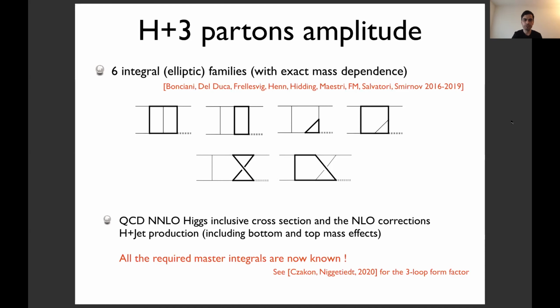All right, so as I mentioned before, this approach is not limited at all by the form of the differential equation. So it works also if the result is expected to be beyond polylogarithms.